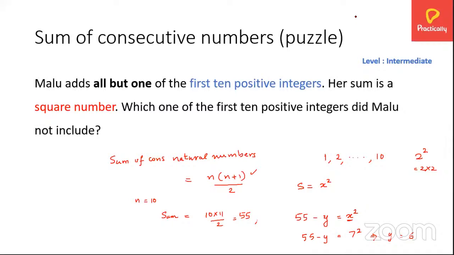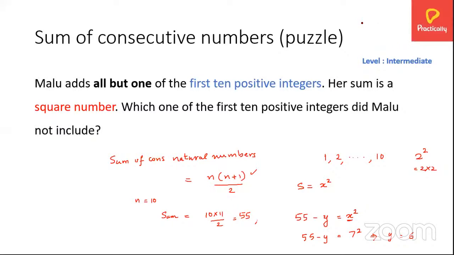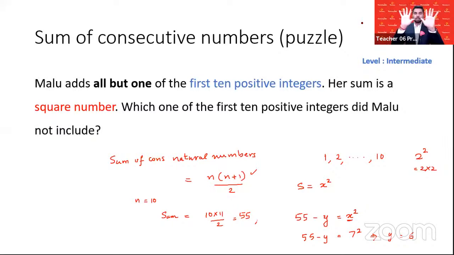Sir, please explain finger mathematics, finger multiplication. Yeah, sure. Let me do the finger multiplication once again. Everyone can hold your hand like this in front, with the palm facing towards your face.